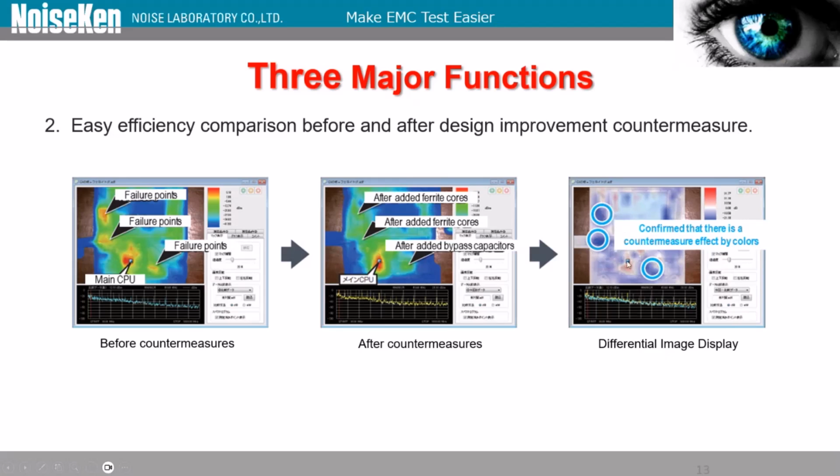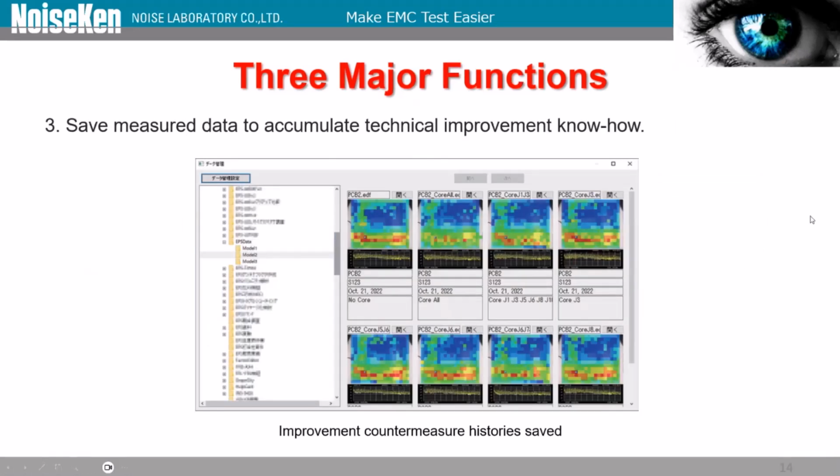In this area, maybe you need additional improvement. All the improvement actions are saved with the measured data, and you can accumulate technical improvement know-how within the team and share the experience.